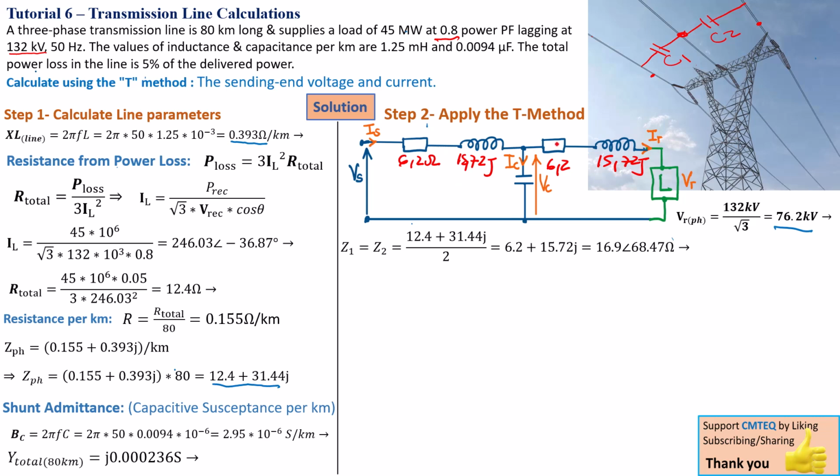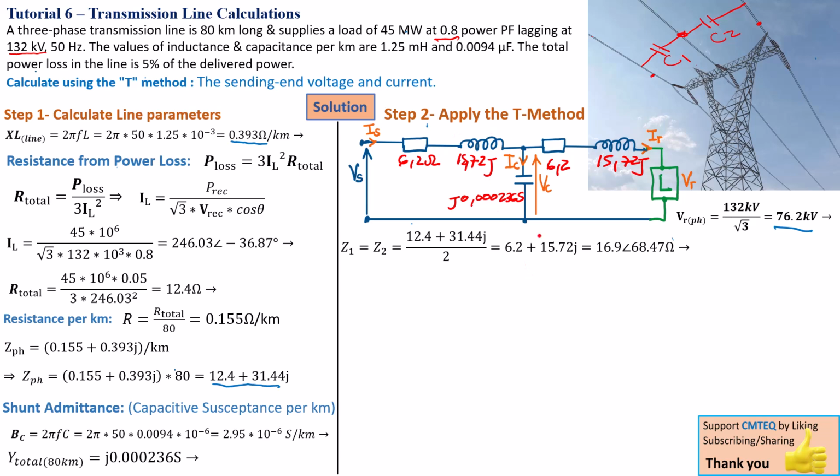Okay, so that's the resistance, that's the inductive reactance, and this is the shunt admittance that we've calculated, so it's going to be about 0.0000236 S, and you're going to have j there. Okay, so that's basically what we have for our transmission line here.